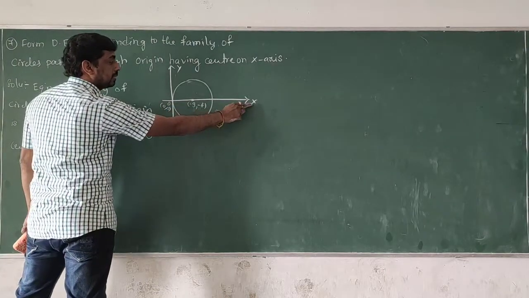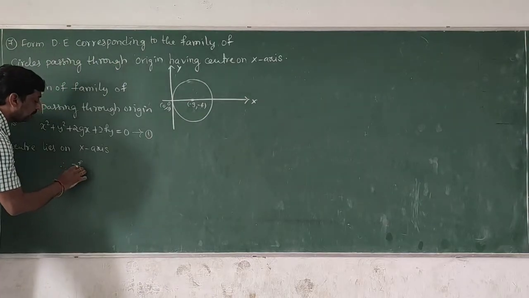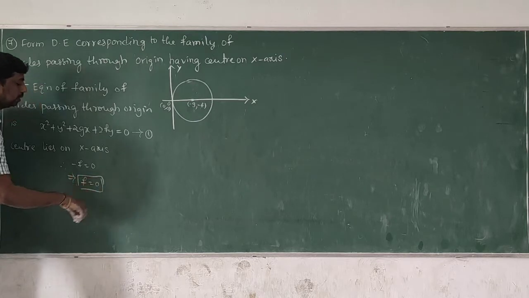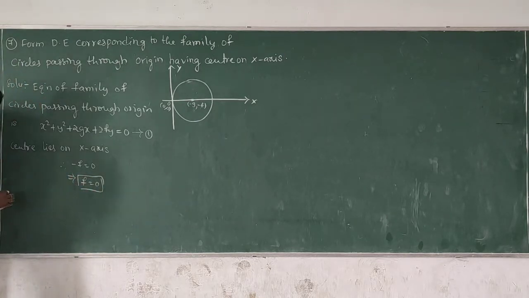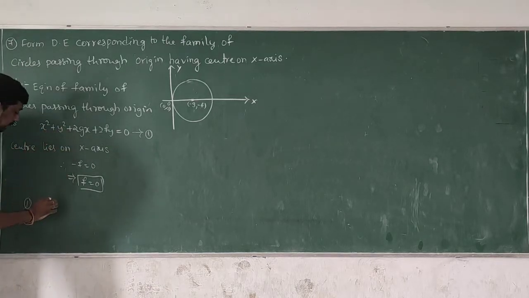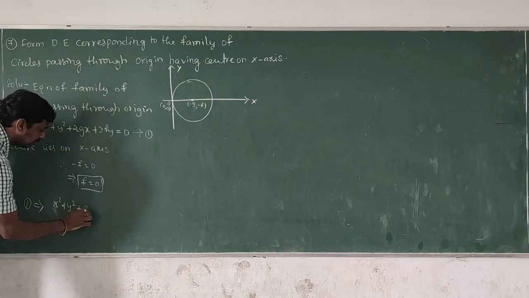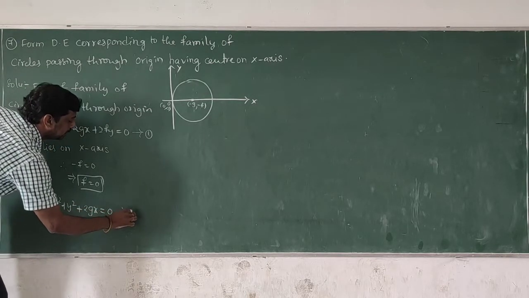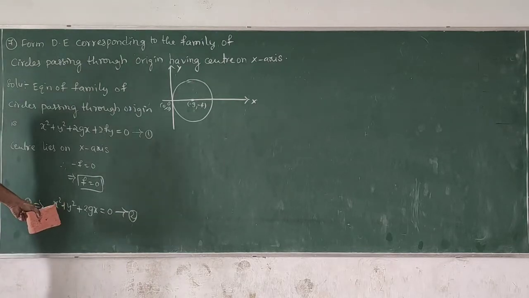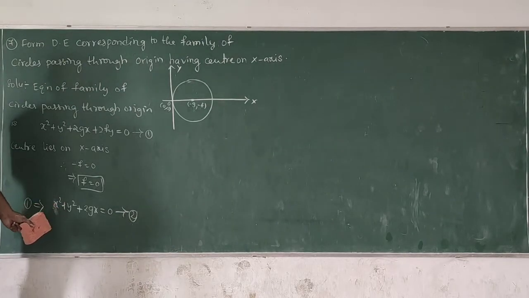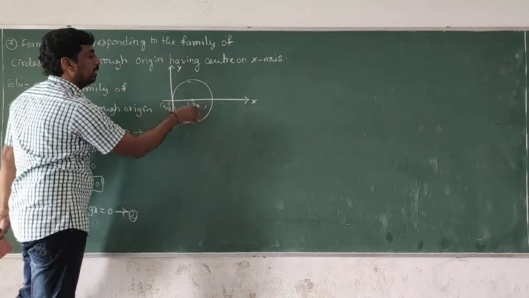So on the x axis the y coordinate is 0, which means from this -f equals 0, so f equals 0. So the required equation, from the first equation: x square plus y square plus 2f, that is 2 into 0, which is 0, plus the remaining term only 2gx equals 0. This is the equation of the family of circles passing through the origin with center on the x axis.